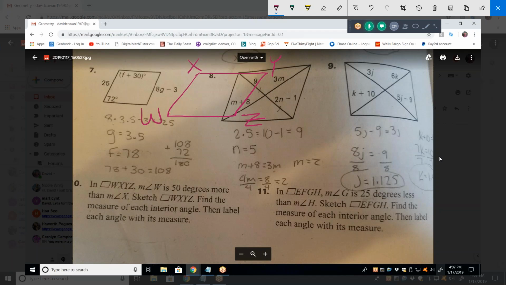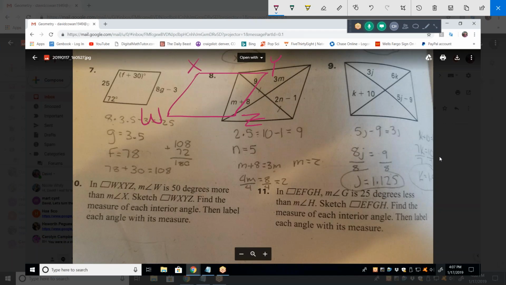Okay, when you're dealing with parallelograms, adjacent angles always are what? In other words, W and X are adjacent. They're not opposite. They're adjacent. And in all parallelograms, they are supplementary.